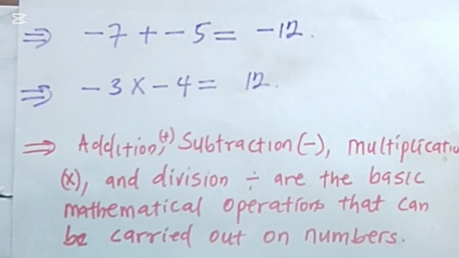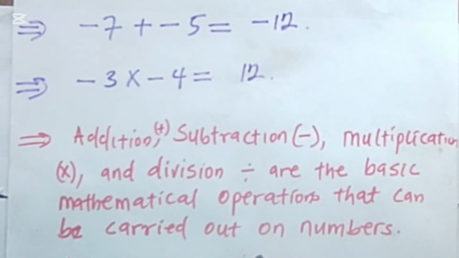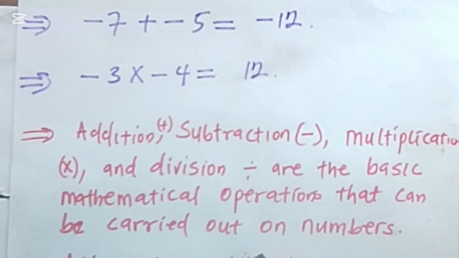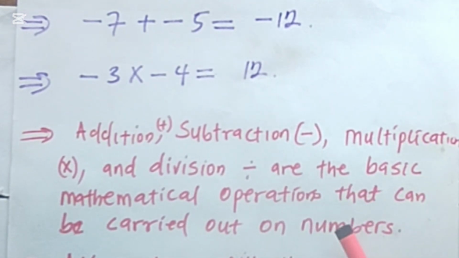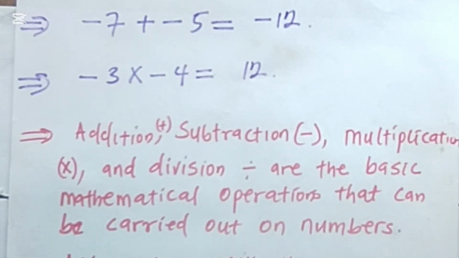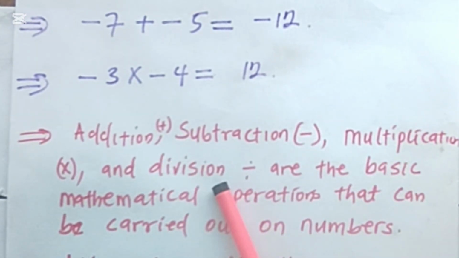I've written some of them here. The first one is what we refer to as the basic mathematical operations. The basic mathematical operations that can be carried out on numbers are things that I believe most of us will be familiar with. We have addition, subtraction, multiplication, and division.